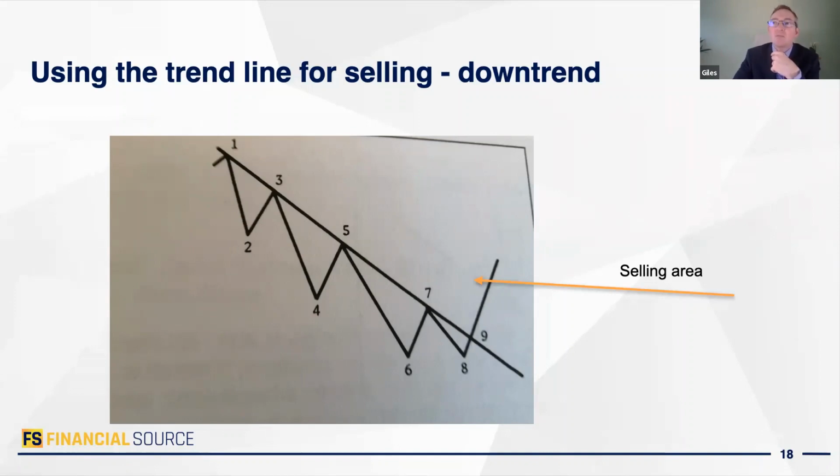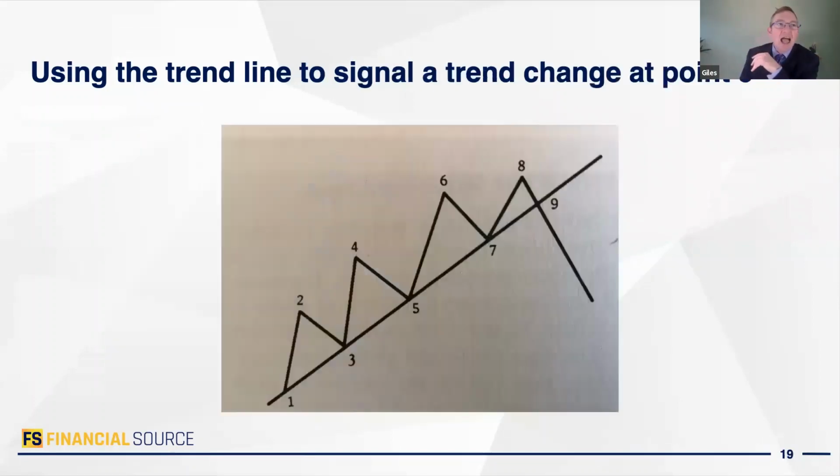Now, what you can use as well, these trend lines are then also very useful for signaling a trend change. Okay, now there's a type of technical analysis called a 1, 2, 3 reversal. It's a form of analysis I use all the time. So do you see point 9? At point 9, what do you notice? That price has broken down through the trend line.